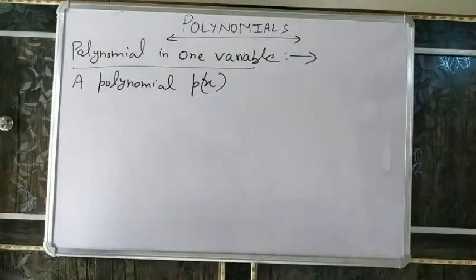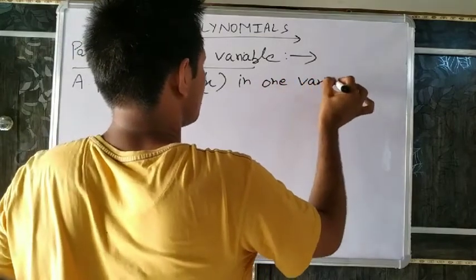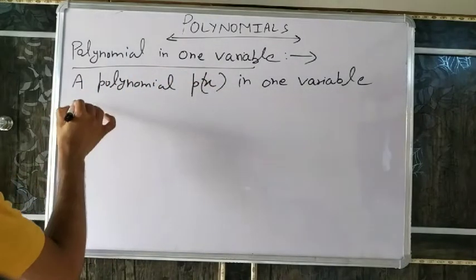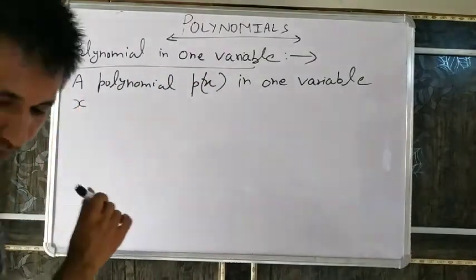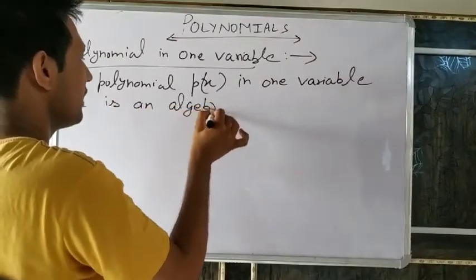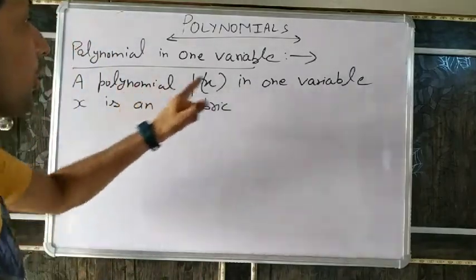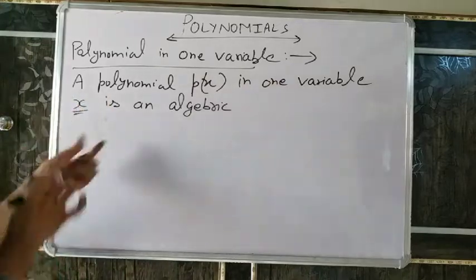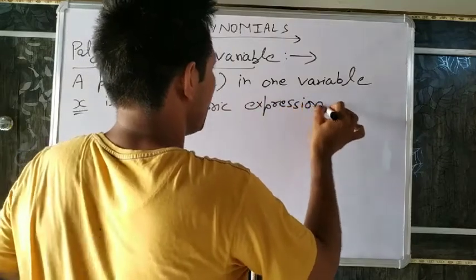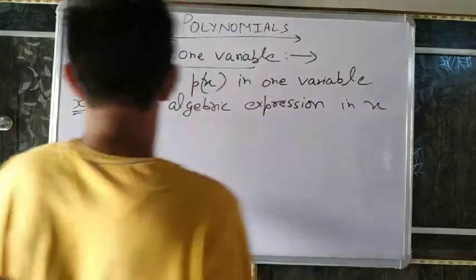A polynomial p(x) in one variable x is an algebraic expression in x of the form.